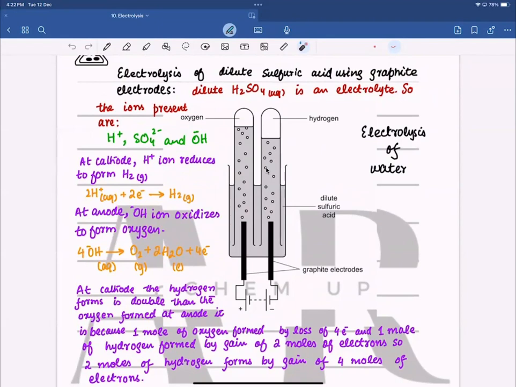Just copy this down, then we are going to see some past papers from electrochemistry. I'm going to give you a quick summary, then we will discuss the past papers. Okay, do this quickly.